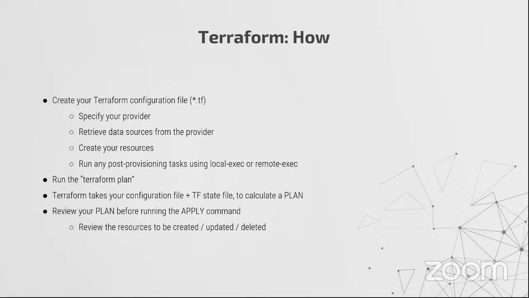So this is where we want to retrieve some information out of vSphere or vRA or NSX, which is a data source. And then we create resources. So if we want to create a virtual machine in vSphere, that would be a resource. And then, of course, we can run any post-provisioning tasks using local-exec or remote-exec provisioners.